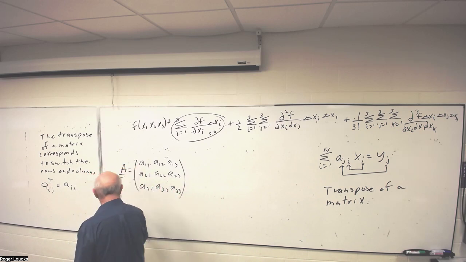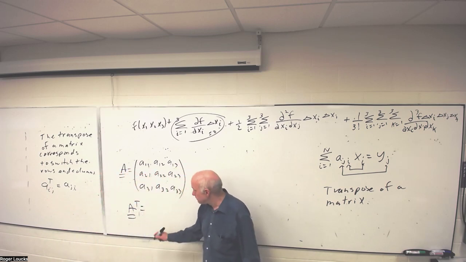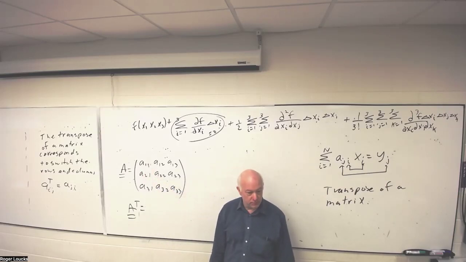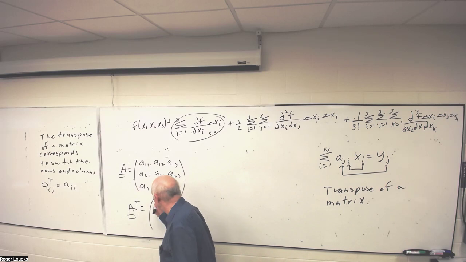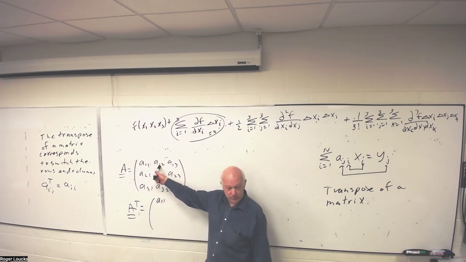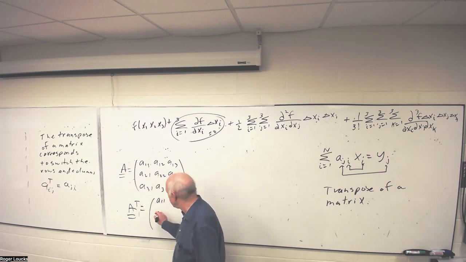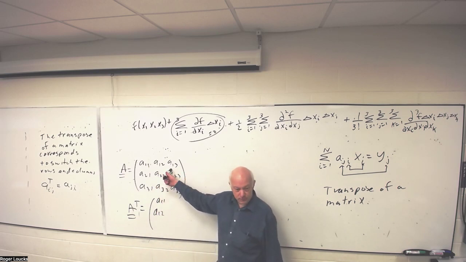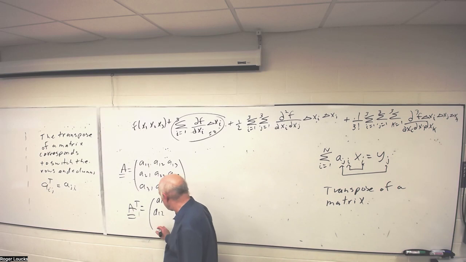What would be the transpose of that? If I take the 1 and 1 and switch them, what do I get? A11. If I take an A12 and switch it, what do I get? A21, so that now lives down here. What about my buddy A13? If I switch them, now you live down here.